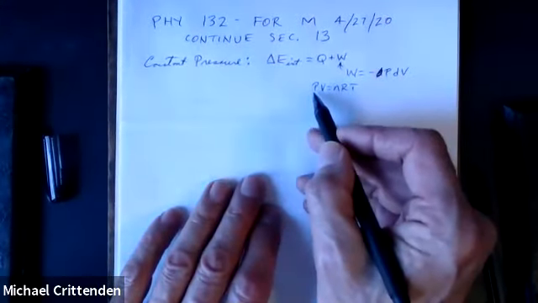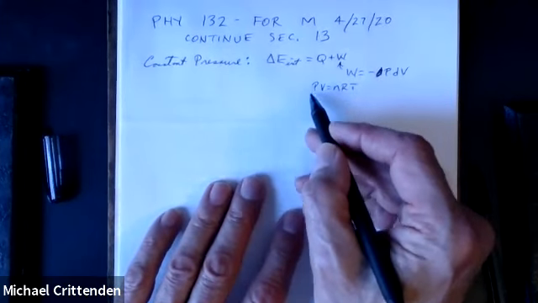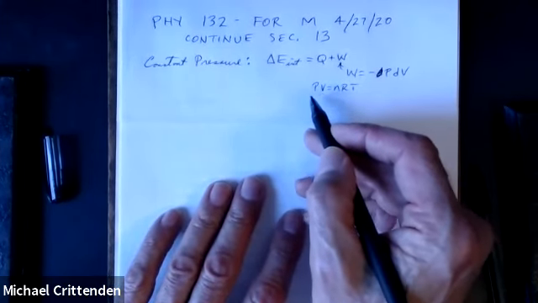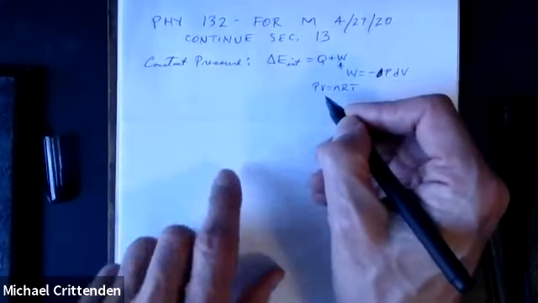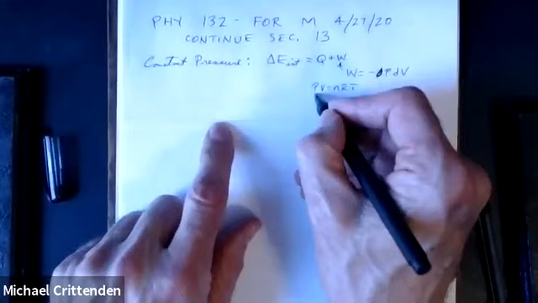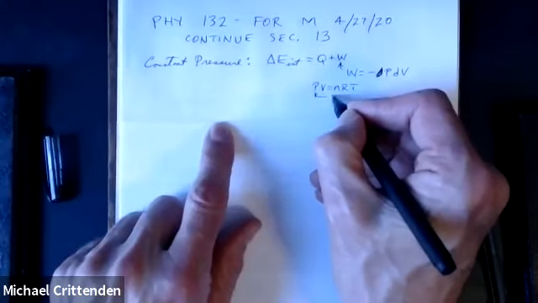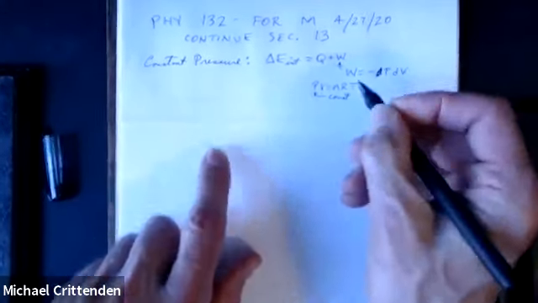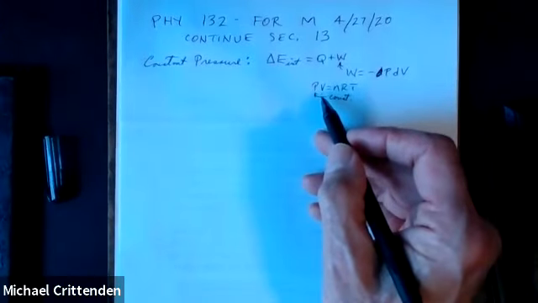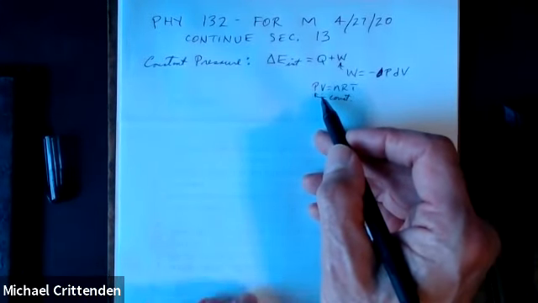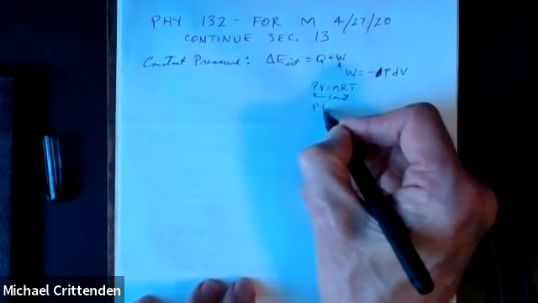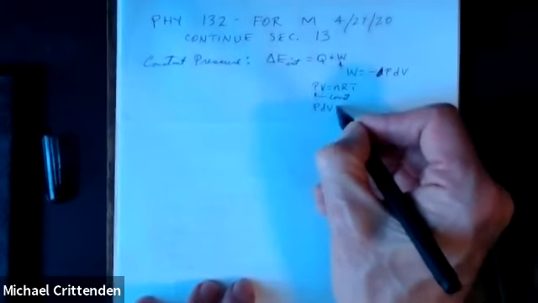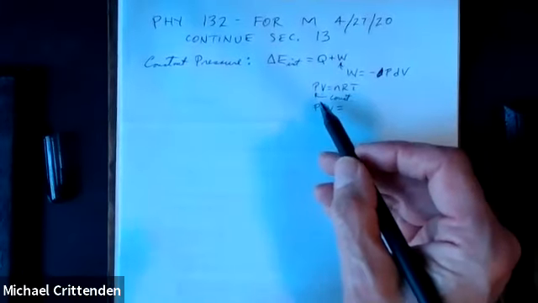Otherwise, you'd have to use the product rule. It would be P times dV plus V times dP in general. But since the pressure is constant, we can just treat that P the same as if it was a 17 or something like that. And so P times dV is what you have to the left of the equals.